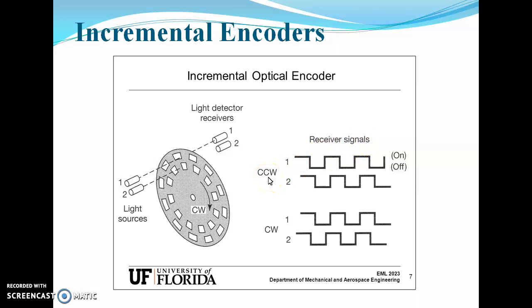Now this is for counterclockwise, we can get the wave here. Since there are two sensors or two light sources, we will get two receiver signals here, on and off. So this is in case of counterclockwise, and this is clockwise.